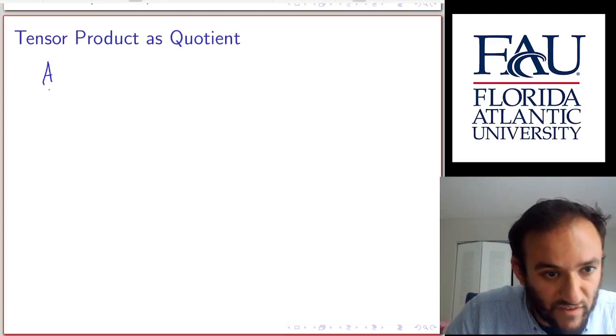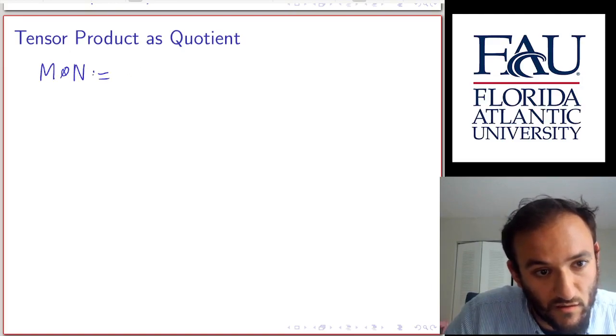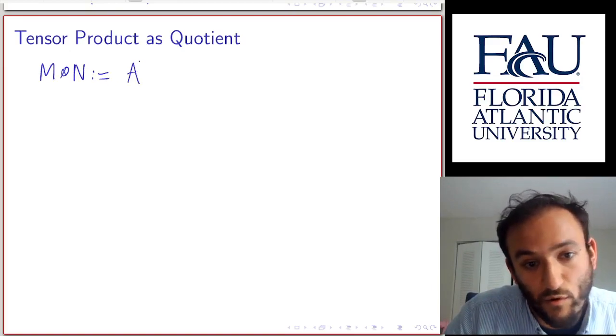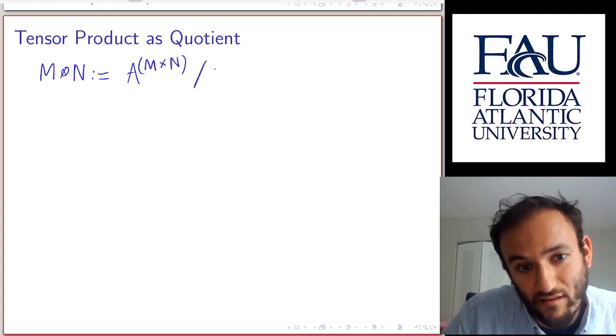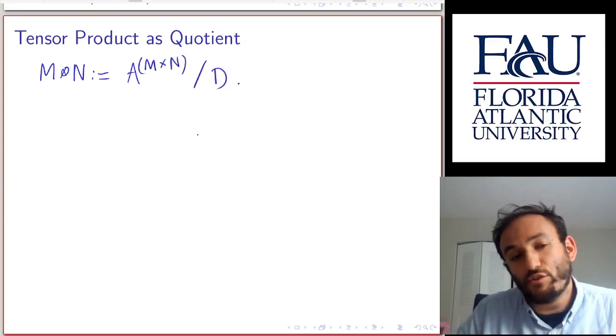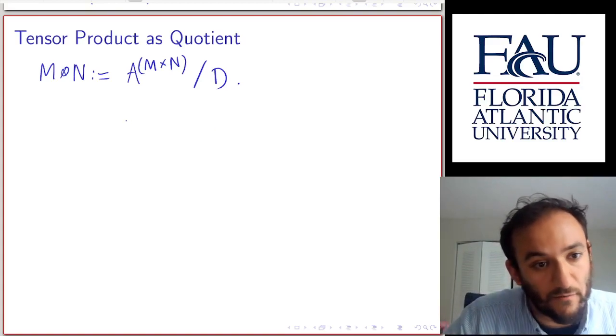And when we quotient out by D, we're going to define this to be M tensor N. This is defined as the quotient of the free module by the submodule generated by all of the differences that we just mentioned.